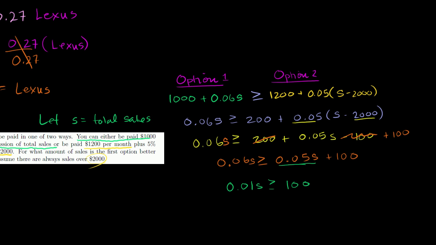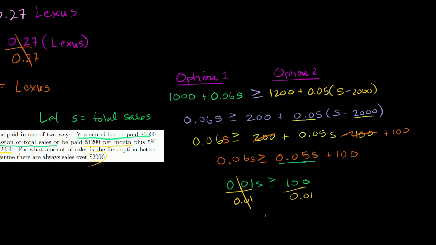Now I just divide both sides by 0.01. That becomes a 1, and we are left with s greater than or equal to 100 divided by 0.01.